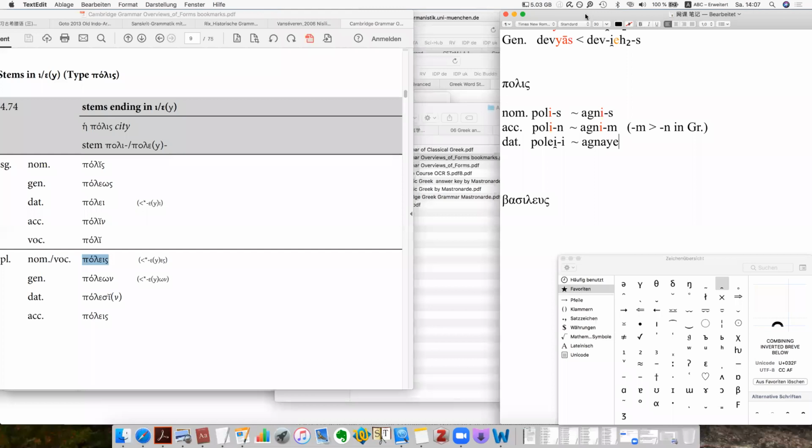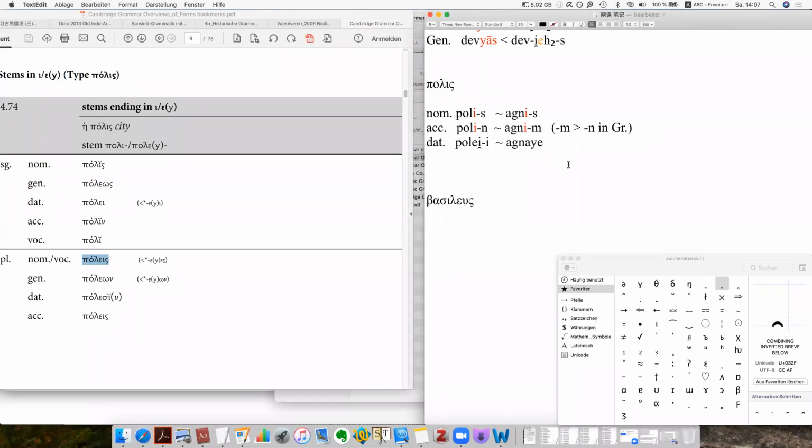Why is it different? Because this ei in Greek is the dative. But in Greek there are only four cases, while in Indo-European languages we have seven, eight, or more cases. So what happened in Greek?